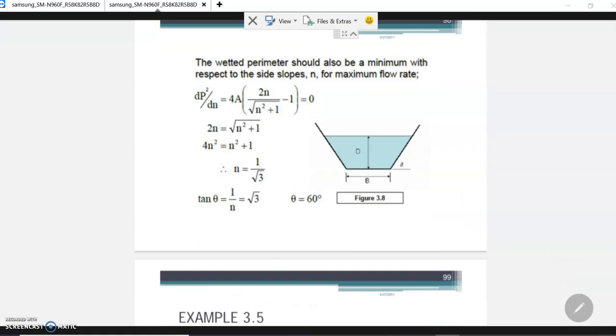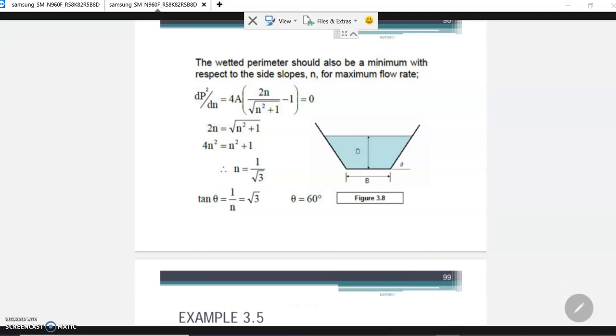And then this is the derivation how we need to identify the theta. Okay, the angle of the slanting section.